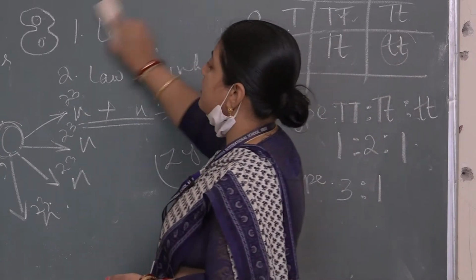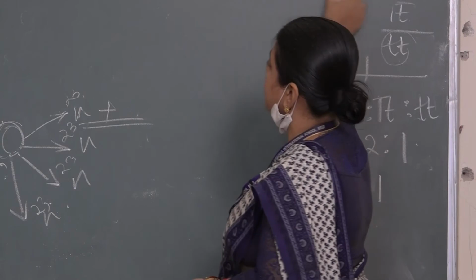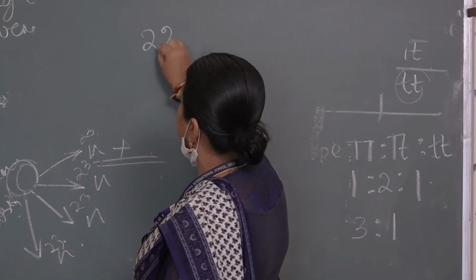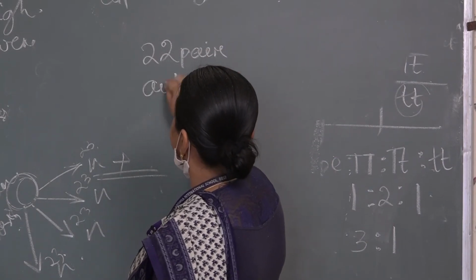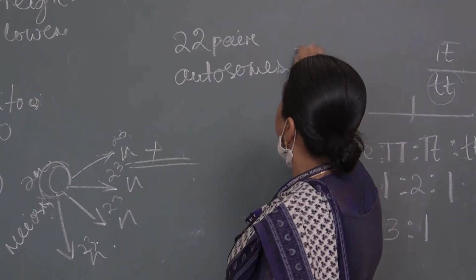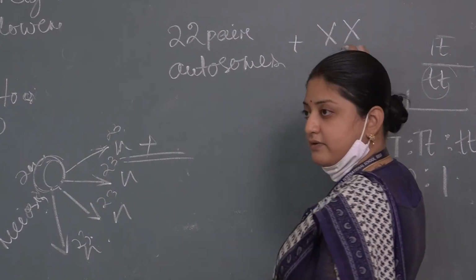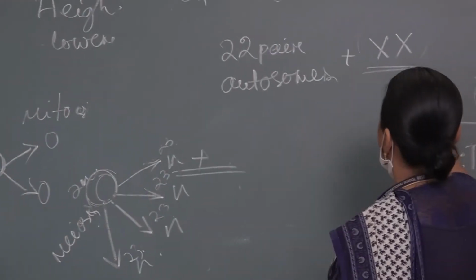In case of humans, the sex of the human is determined by the sex chromosome. 22 pairs of autosomes are there, autosomes or bodily chromosomes, plus if it is XX, in case of a female parent, then it is a female.